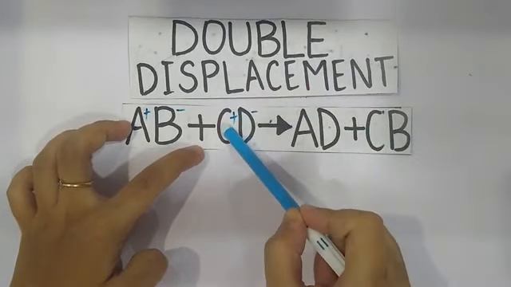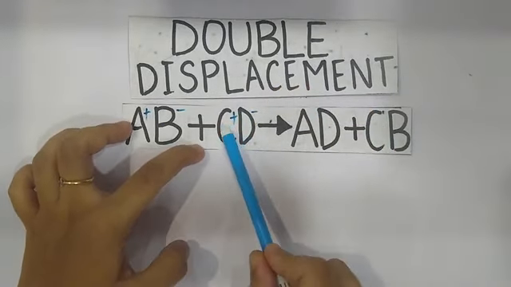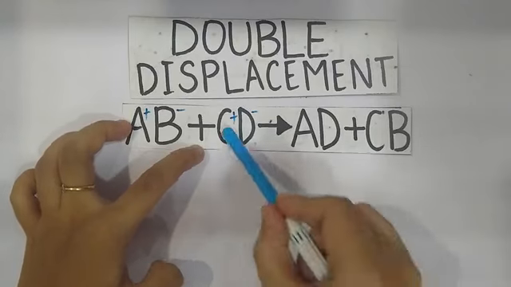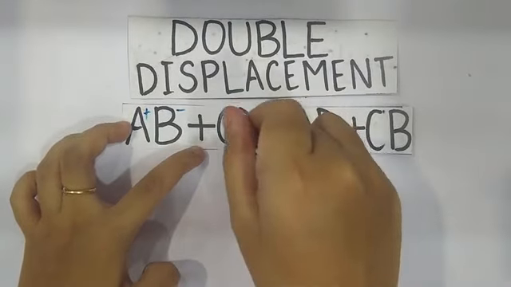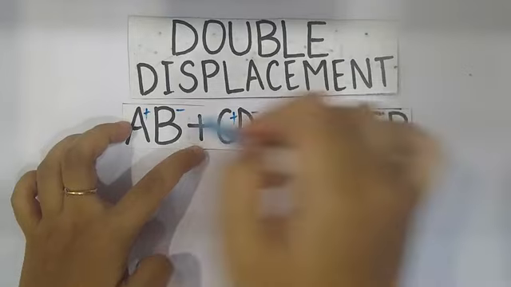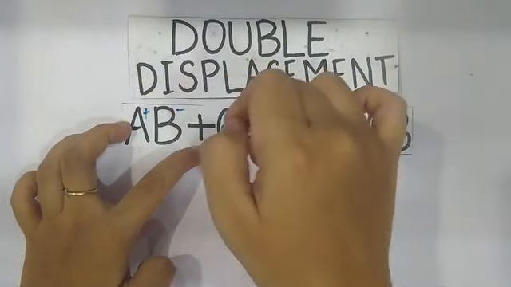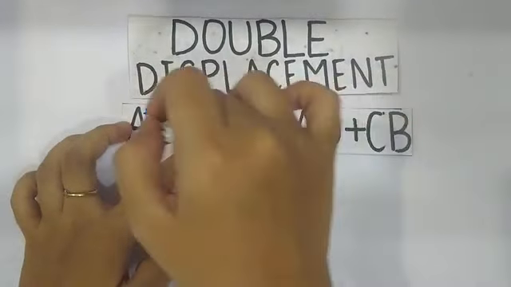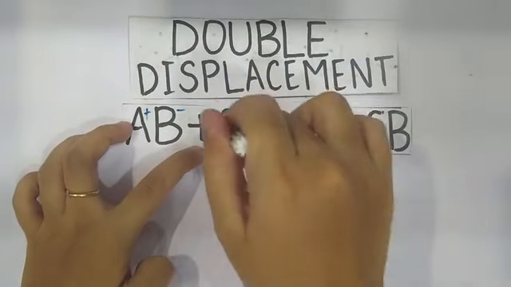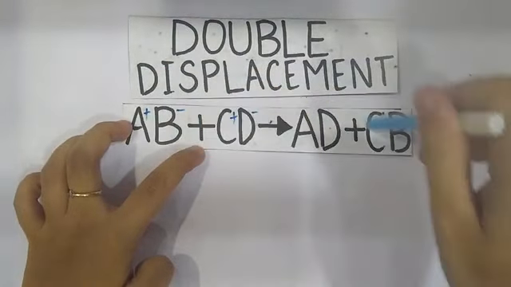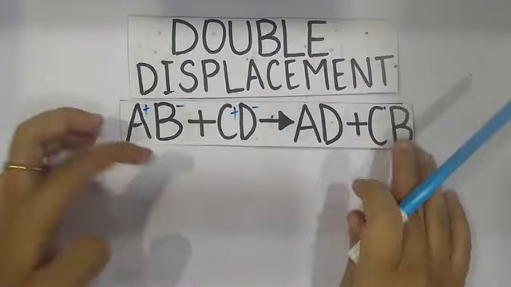Because C is positive and positives do not attract. They repel each other. That is why A and D formed a product and B and C formed a product. B was negative, so it had to get attracted to positive. That is why they get attracted and they are here.